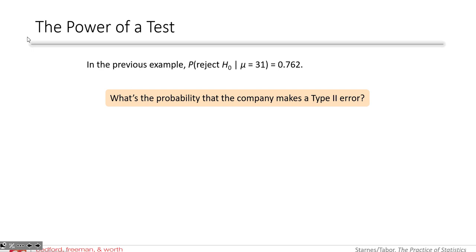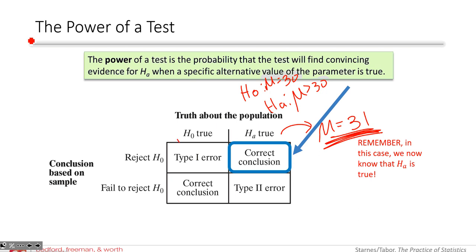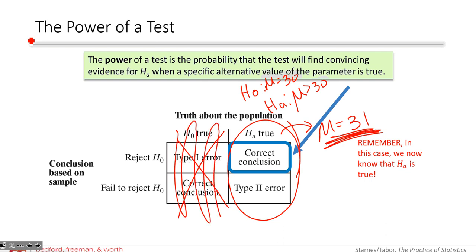So let's think about type 2 error here, right? Going back here, we now know that HA actually is true, because remember H0 was that mu equals 30, HA was that mu is greater than 30, and so I now know that mu is greater than 30. I'm living just on this right-hand side of this table. H0 can't be true because I know that HA is true.